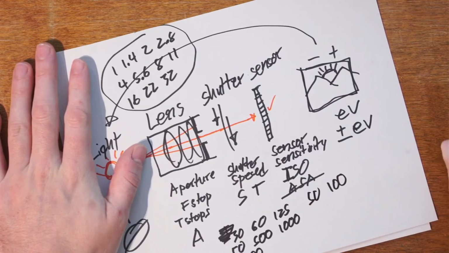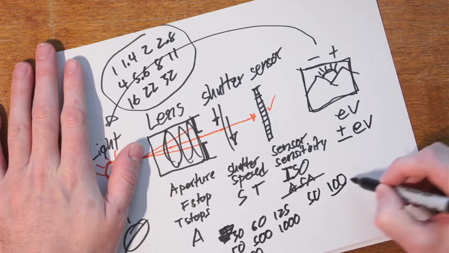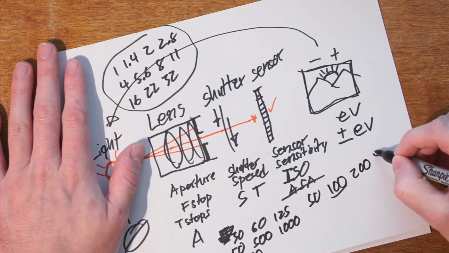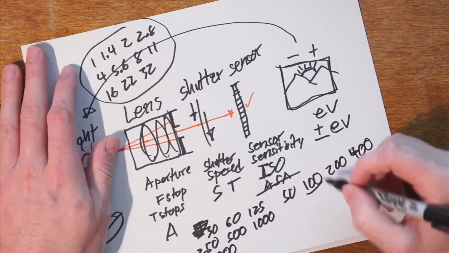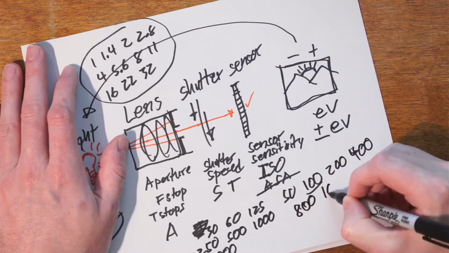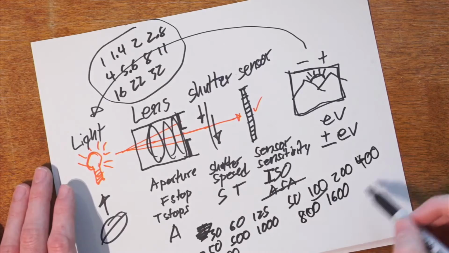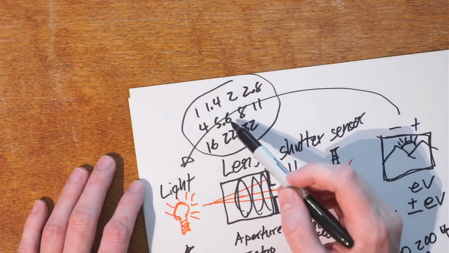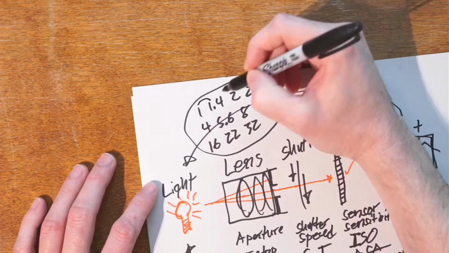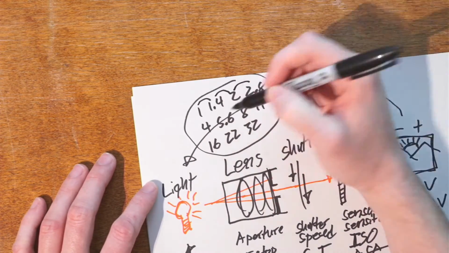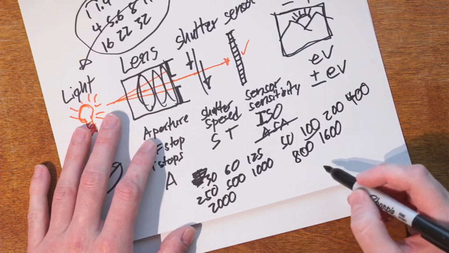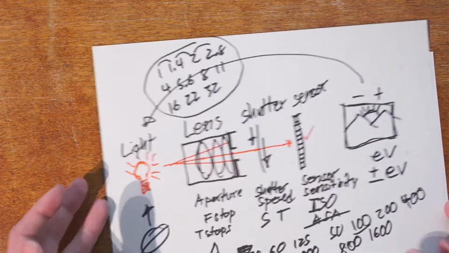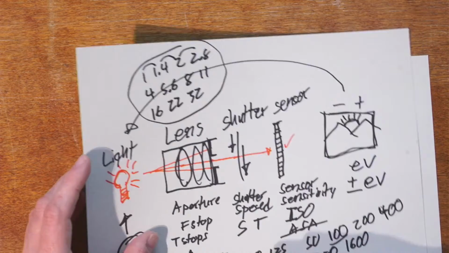Some cameras go down to 50, but generally what you'll have is 100, and then it again doubles as you go up. 200, 400, 800, 1600, so on and so forth. So these move in doublings, these move in doublings. These don't look like they move in doublings, but each one of these jumps is a doubling. These ones are obviously doublings, these ones are not obviously doublings, but everything is doubling. Or halving, right? If you go the other way, you're halving.